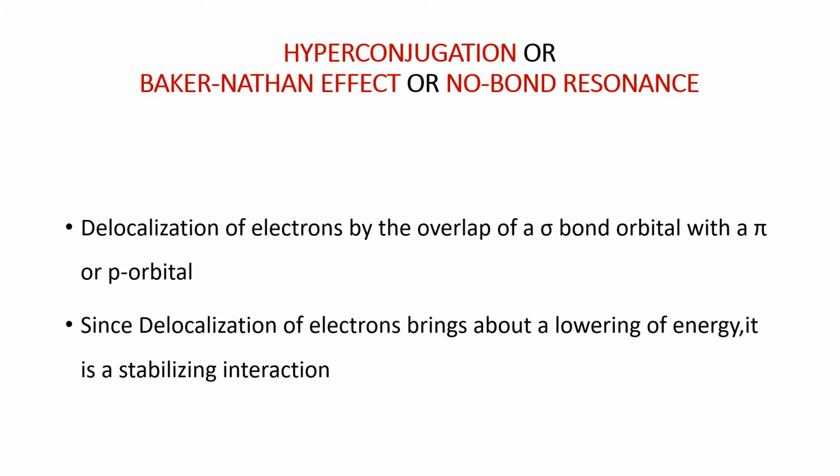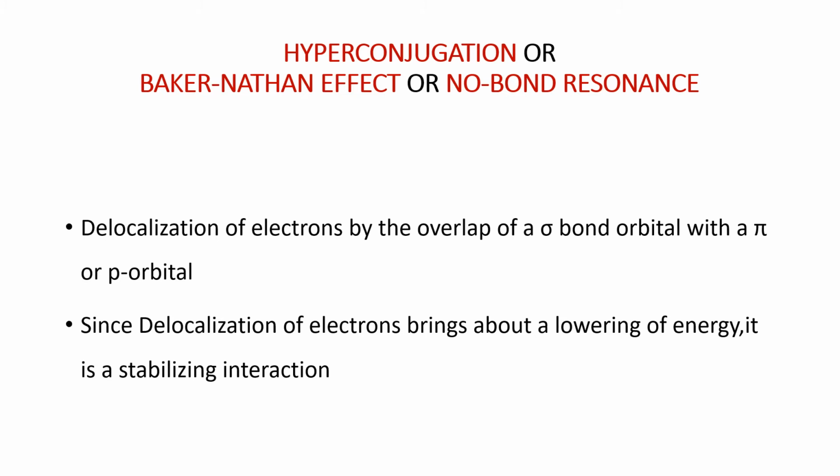Another electron displacement effect is hyperconjugation, or Baker-Nathan effect, or no bond resonance. The phenomenon of resonance generally involves delocalization of pi or n electrons through pi-pi or pi-n conjugation.